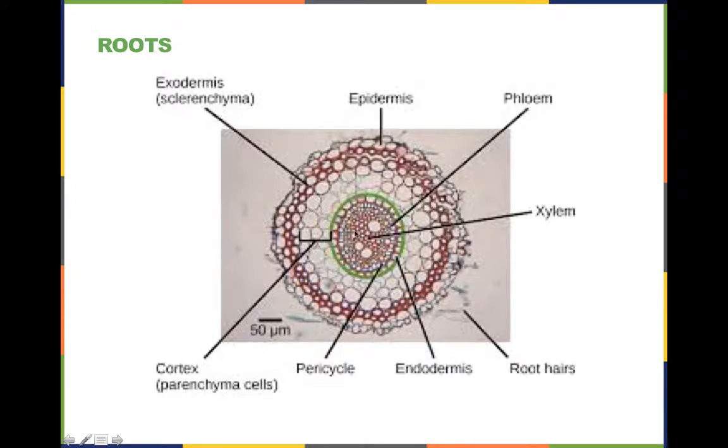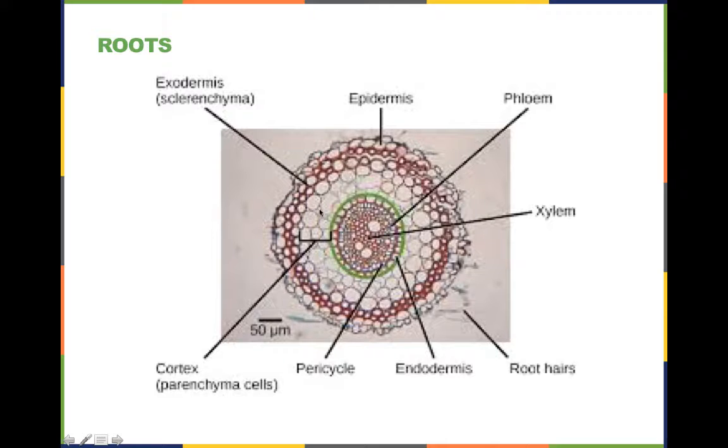If we do a lateral cross section, we can see that the root is divided into several parts. You have the outside part here, which is called the epidermis. Then the next part, which is just inside the epidermis, which is called the exodermis, sometimes also known as the sclerenchyma.